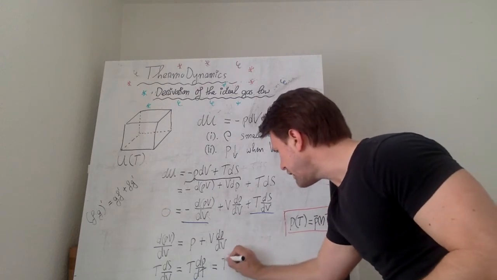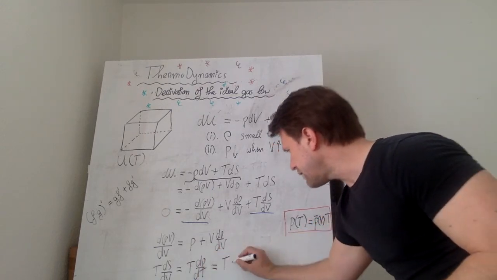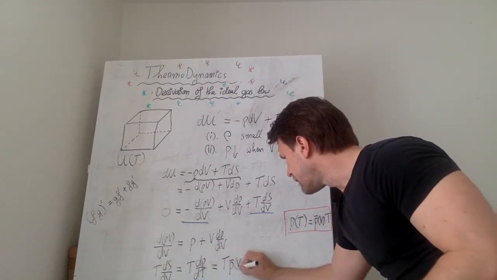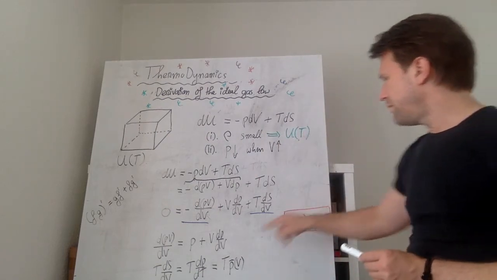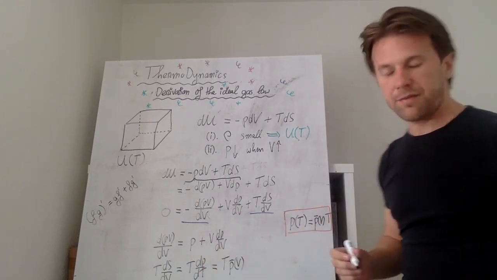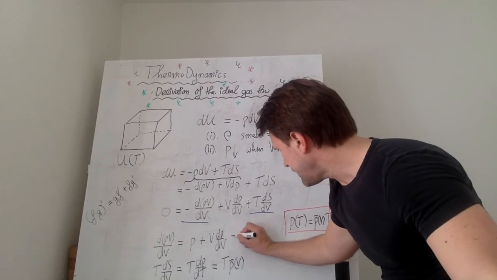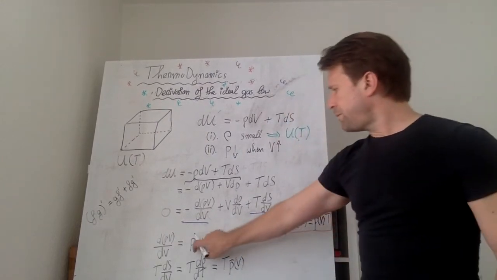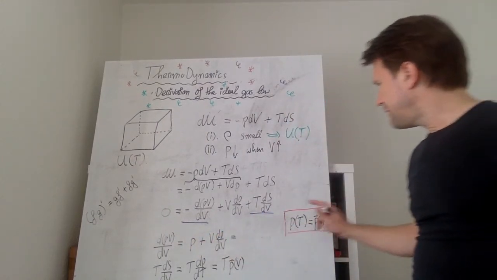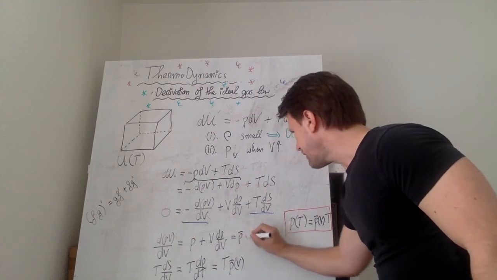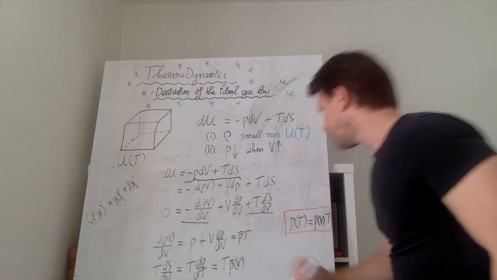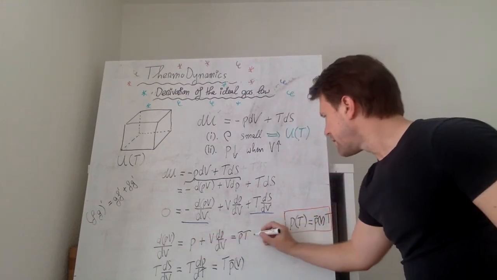So what I end up with is this T. This guy just becomes P bar. So I put this one here to calculate that derivative. Let's see what happens here. Well, this P again is P bar times T, so let's put that there. P bar times T. So that's that.